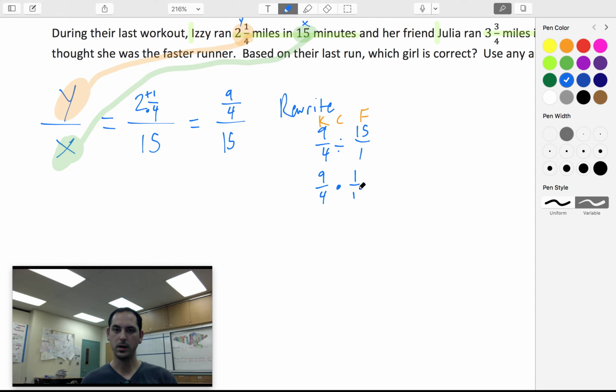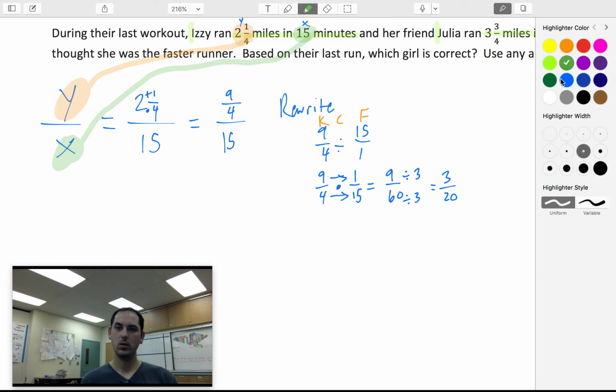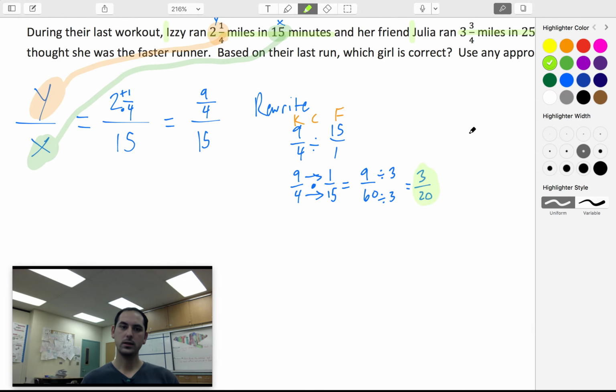Taking the bottom, making it the top. Fraction times fraction, just multiply across, and this becomes 9 over 60. Divide by 3, divide by 3. Equals, 3 goes into 9, 3 times, 3 goes into 60, 20 times. So this is now 3 over 20. So that is our first one.